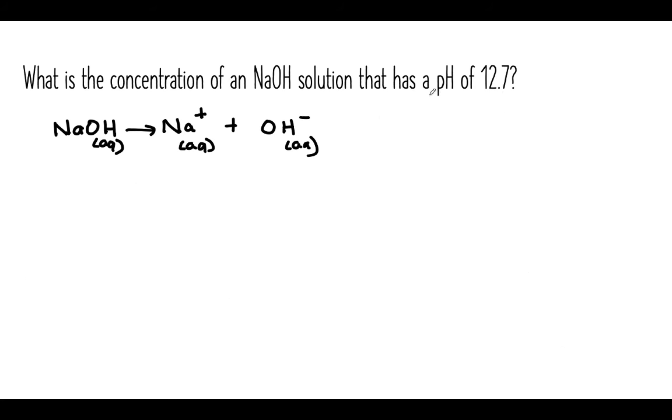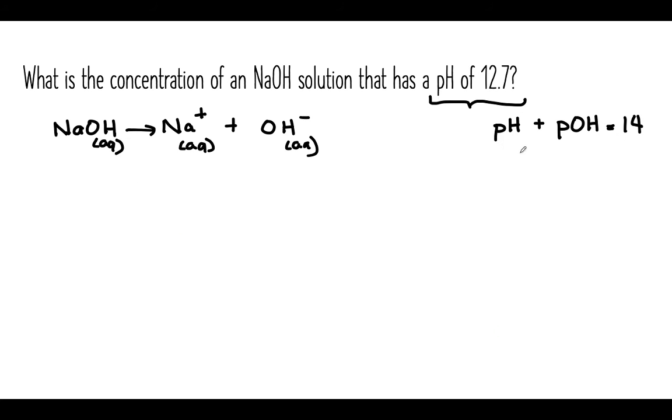Now you might be thinking, the only thing that we can find with our value of pH is the concentration of H plus. And in this case, that doesn't directly help us to find the concentration of NaOH. However, what we do know is that pH plus pOH is equal to 14.